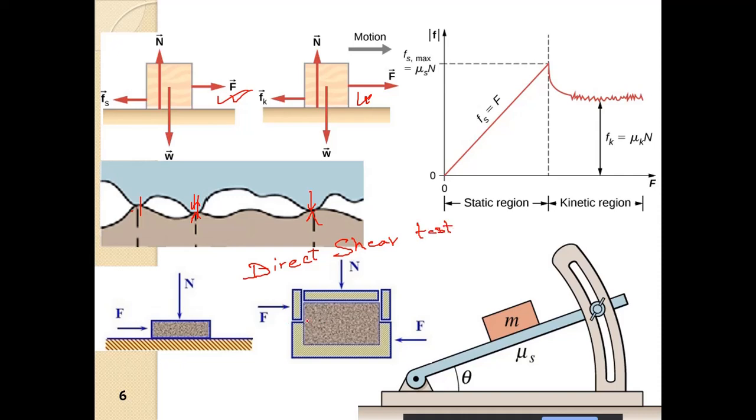Here we can consider this mass of soil to be divided into two masses. This is the failure plane or the slip plane, or the plane of shearing, whatever you say.